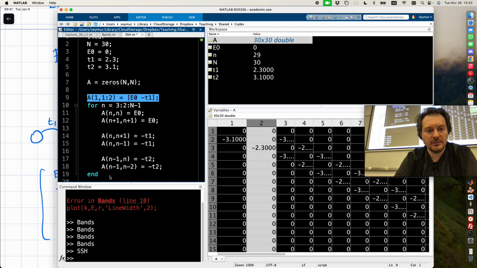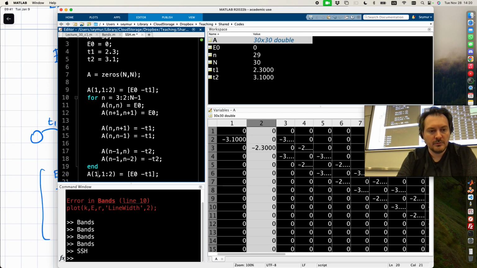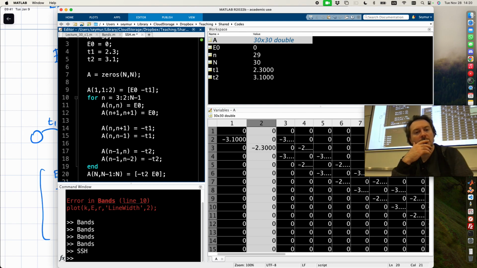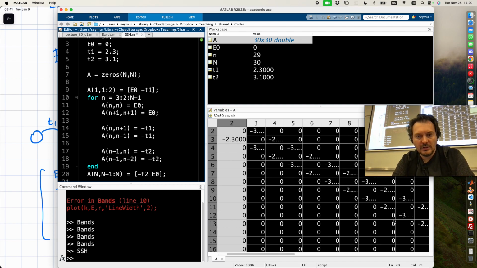And the last one, so n minus 1 to n, minus T2, yes? But I don't want it to end with T2. I want it to start and to end with T1, sorry. Will it be the case?